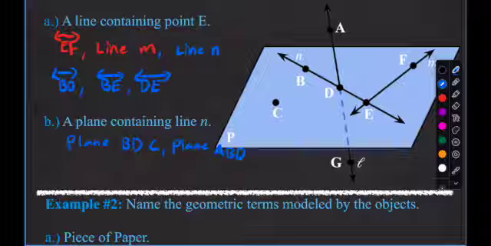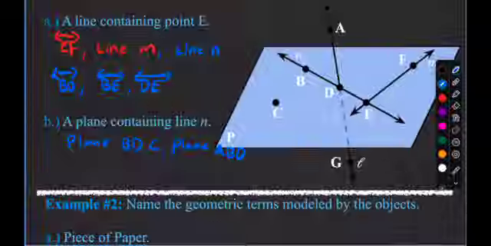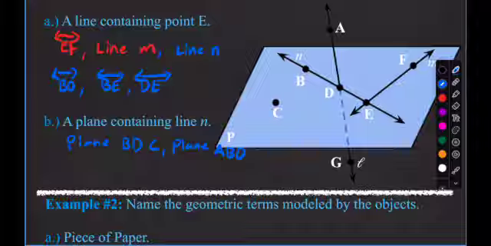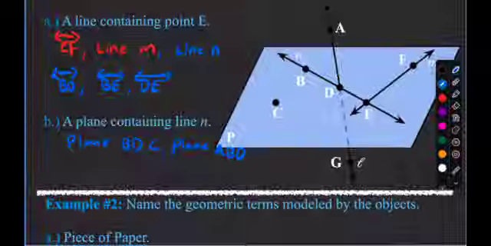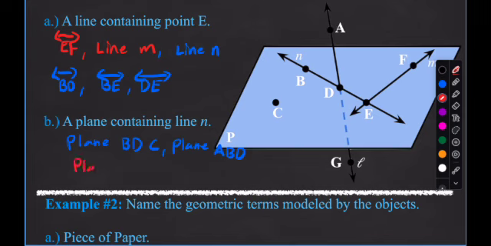By the way, you could do DBA if you really wanted to. Order does not matter in this case whenever you're naming a plane. Line N is also on the plane P, right? It's also on the plane P. So we could say, well, this is plane P. Remember, when we list out a plane, if there's not a point beside it, that's talking about the plane. So that is some examples of that.